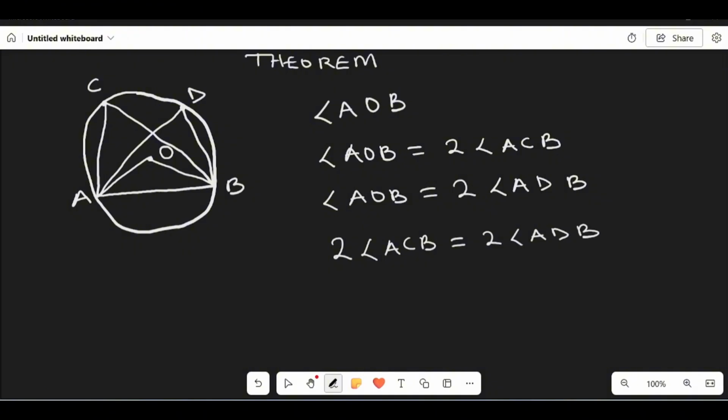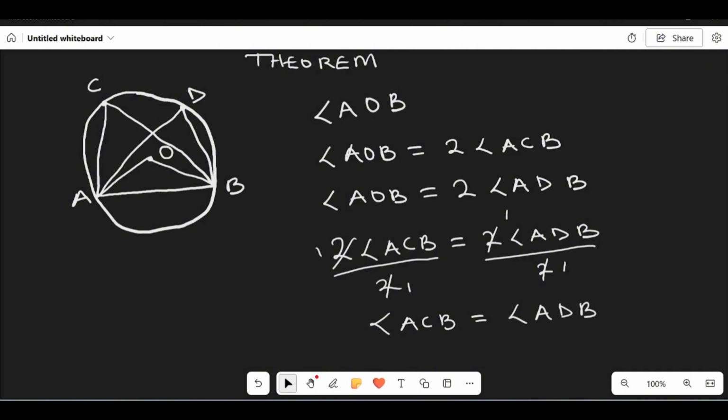Divide both sides by 2. Angle ACB equal to angle ADB. Therefore, angles in the same segment of a circle are equal.